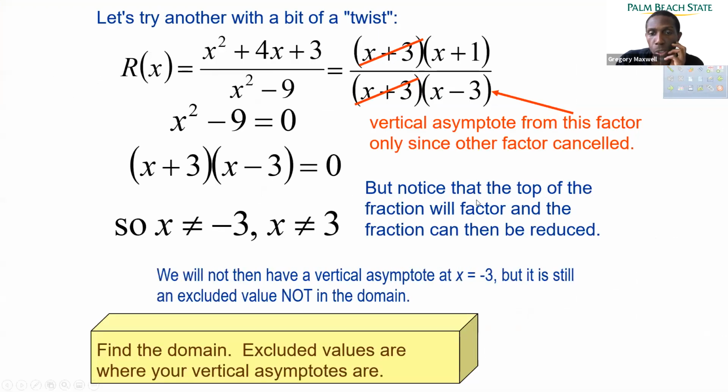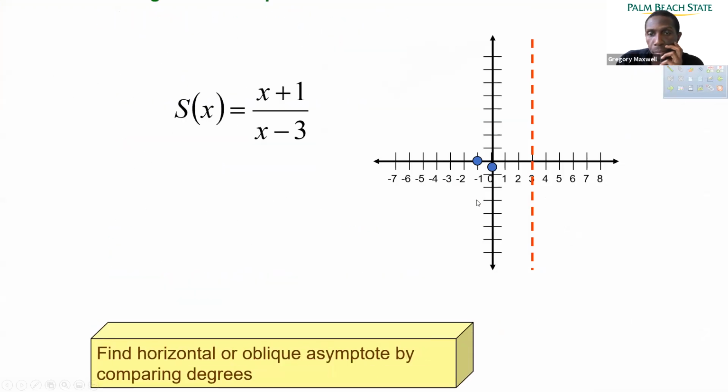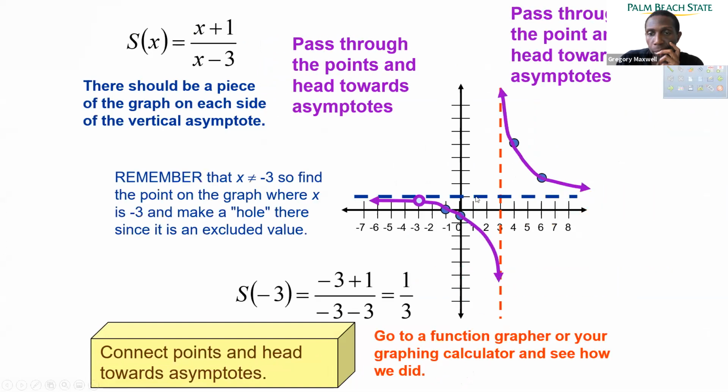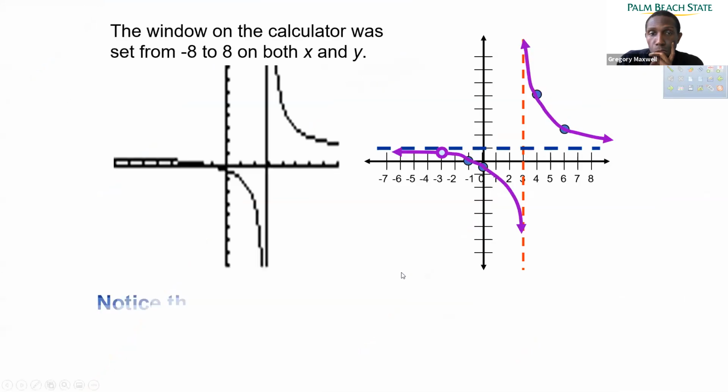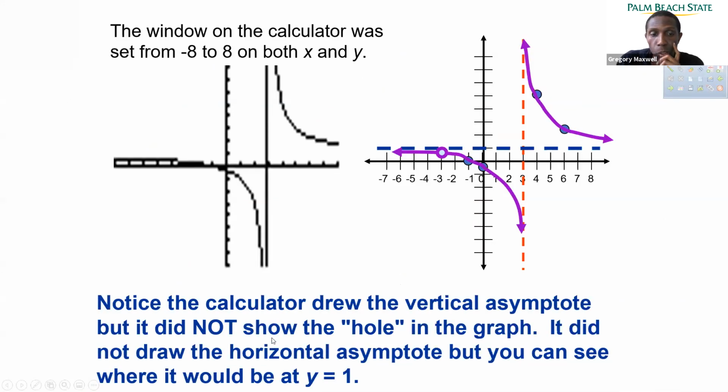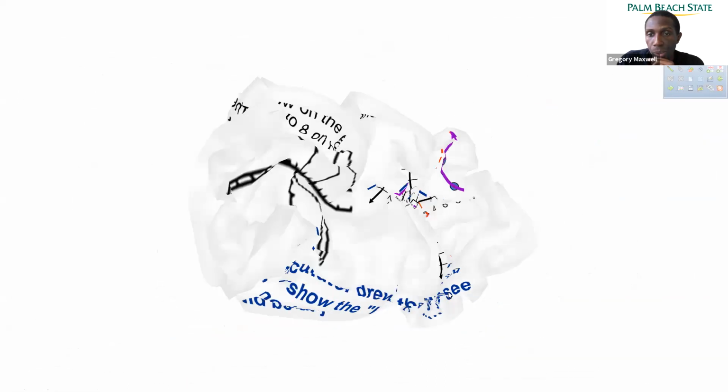When you draw the graph, it should look something like this. It's a rough sketch, not drawn to scale. Vertical asymptote at 3, but not at negative 3, even though there's a domain restriction at both. Notice that the calculator drew the vertical asymptote, but did not show the hole in the graph. It did not draw the horizontal asymptote, but you can see where it could be, y equal to 1. So that's that.